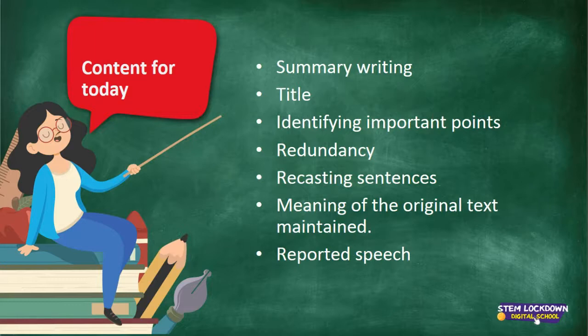In some pieces of writing, writers enjoy using a lot of words for a simple thing. So for summary, we are going to focus on how we can avoid that and just go straight to the point.